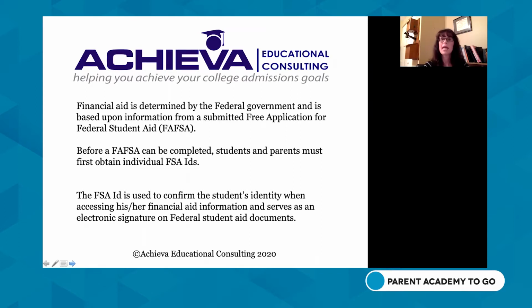Before a FAFSA can be completed, students and their parents must first obtain an individual FSA ID. The FSA ID is used to confirm the student's identity upon accessing his or her financial aid information and serves as an electronic signature on federal student aid documents and on loans.